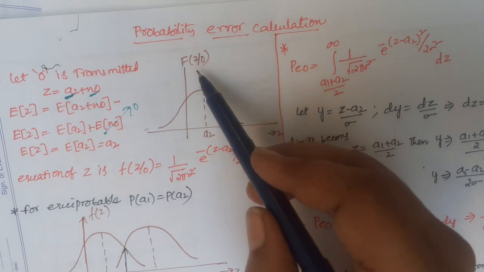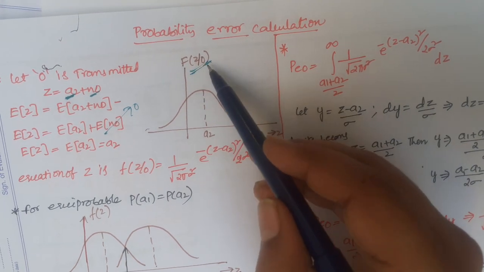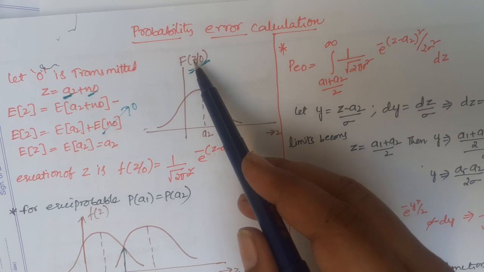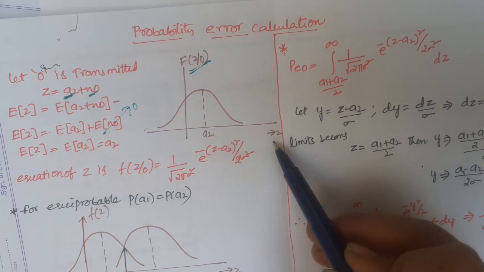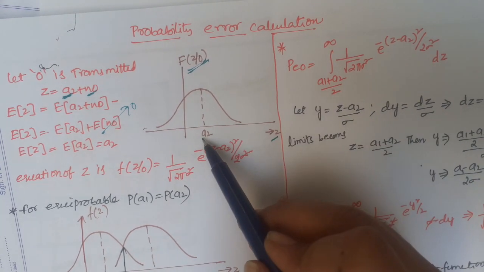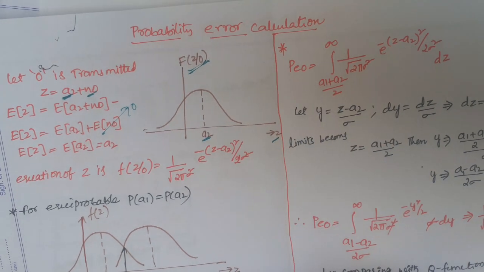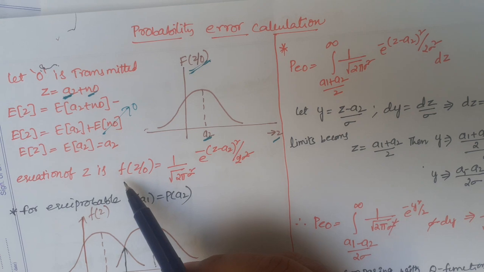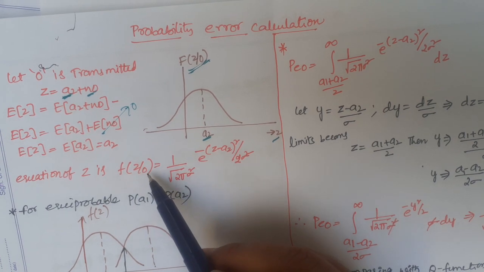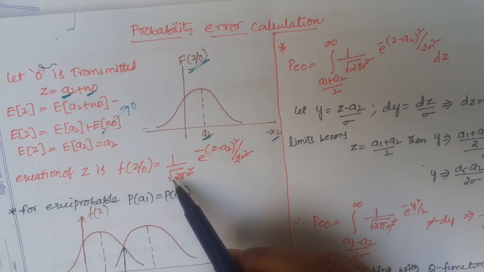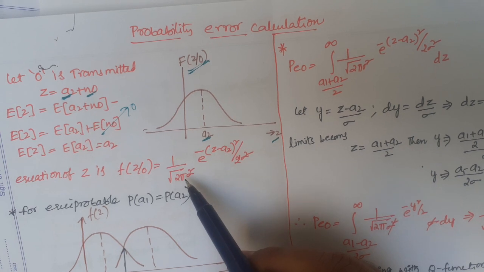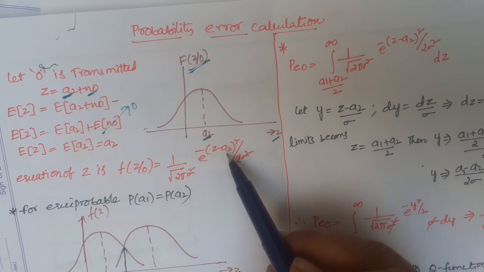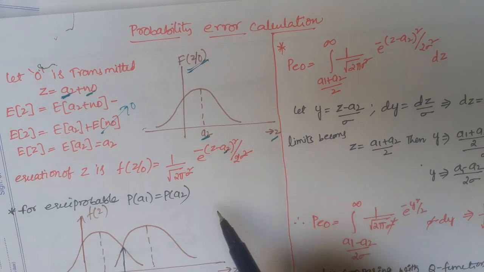So this is the probability distribution function for 0 transmitted, represented on the y-axis as f of z given 0. For the x-axis Z, the mean is A2. The equation of the Z filter output probability distribution function f of z given 0 is equal to 1 by under root 2 pi sigma square, e power minus (z minus A2) whole square by 2 sigma square.